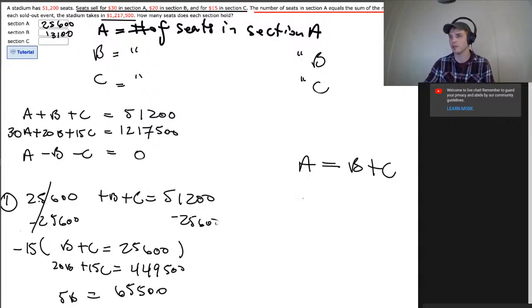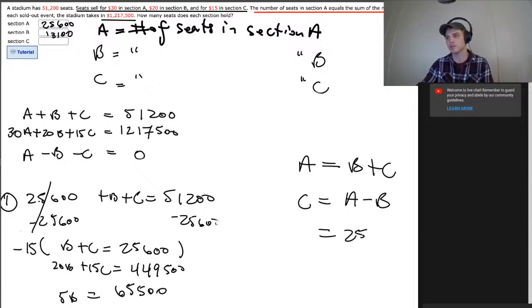And so we know that from this, C equals A minus B. I just subtracted B from both sides. So that means C equals 25600, substituting those values we already found, minus 13100. Okay, that was a mess. What does this become? This is 12,500.